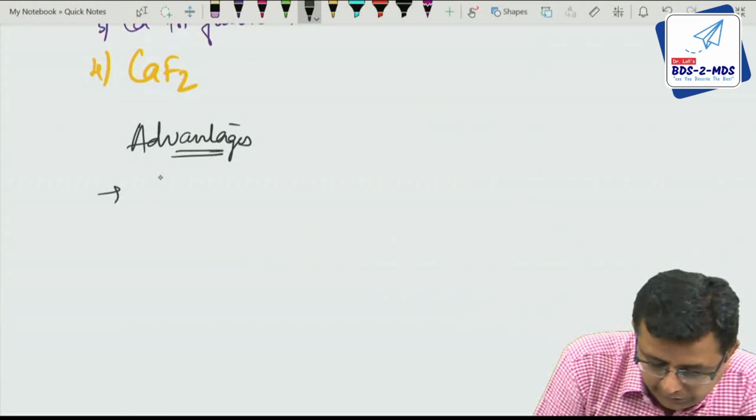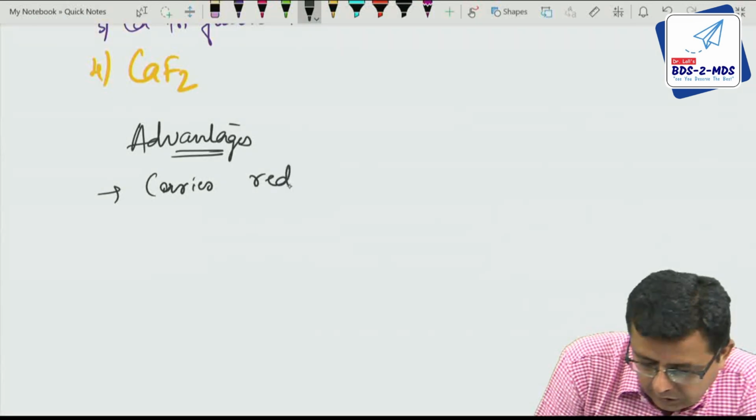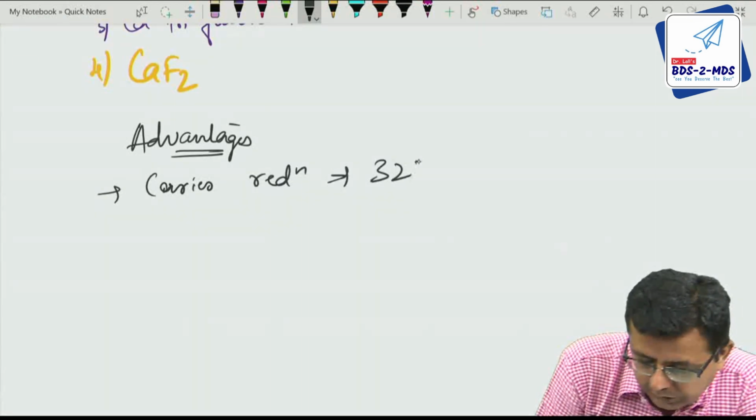Now, advantages of stannous fluoride: caries reduction is in the range of 32%.